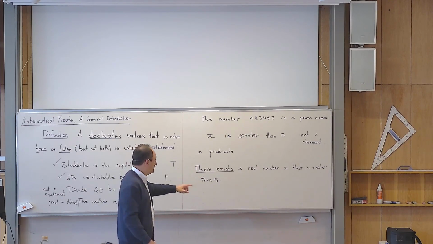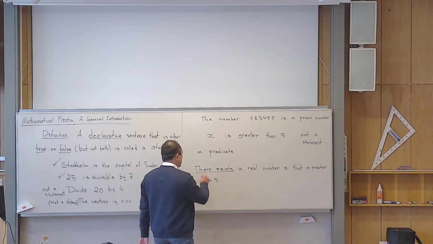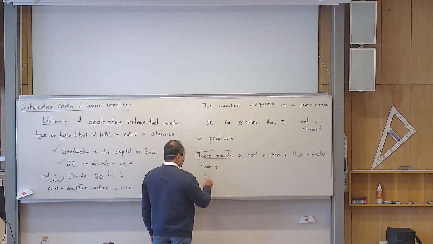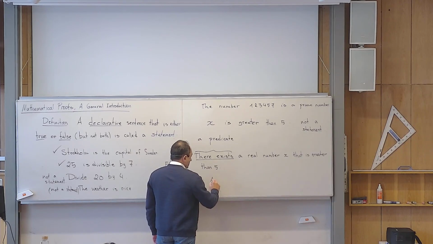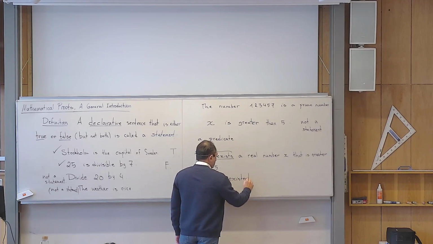Be careful, this is called a quantifier. "There exists" is called in mathematics a quantifier, and more explicitly, the existential quantifier. These are big names, but this is just terminology.